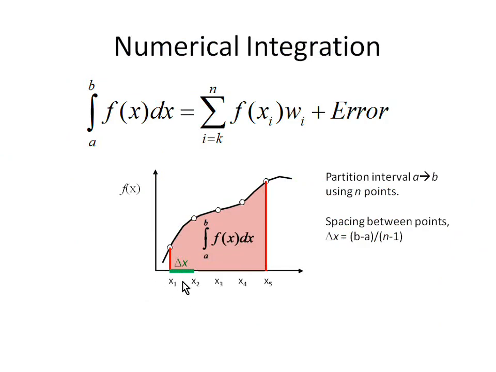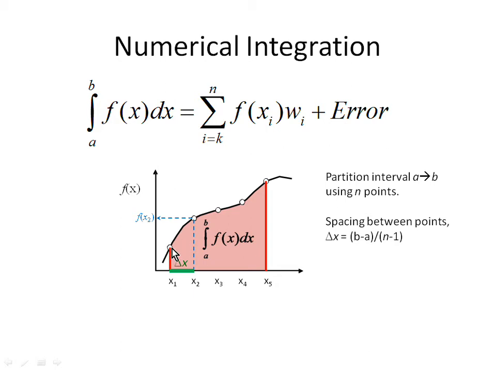So there are the points, the x values, and there are the y values of the function at those particular points. So what we'll do is evaluate the function at these different values of x, and there's an example of the function evaluated at x2.